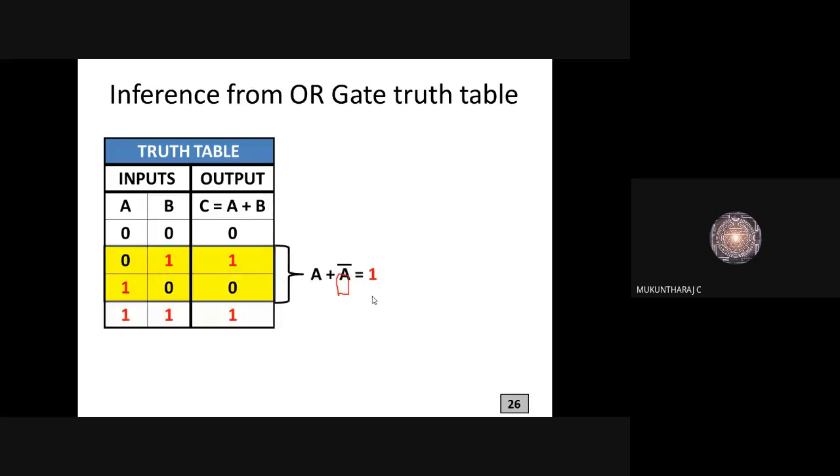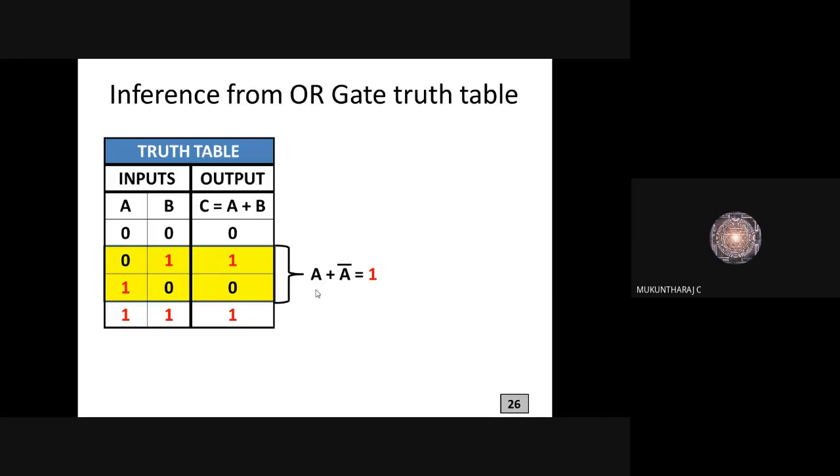Then A plus A bar, A and the complement of that particular variable, A bar. If you are doing an OR operation on these two data, then the result will be logic 1.